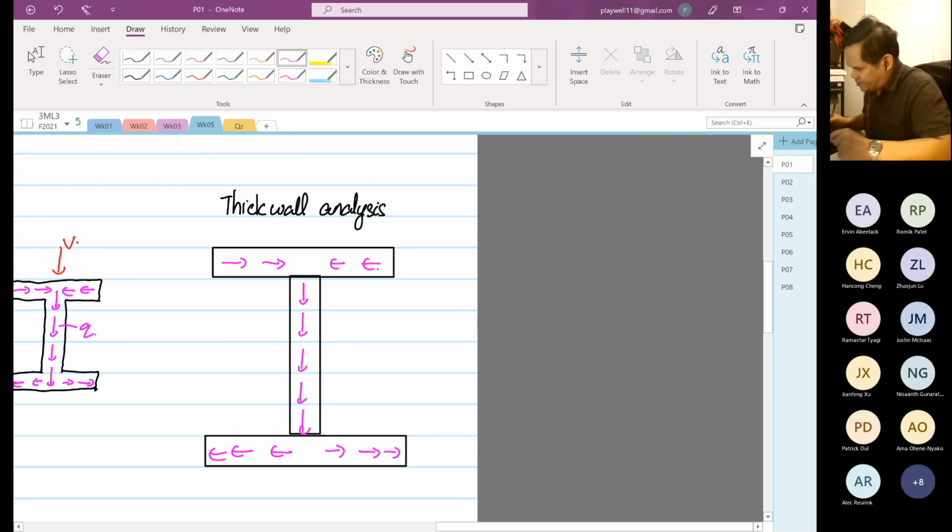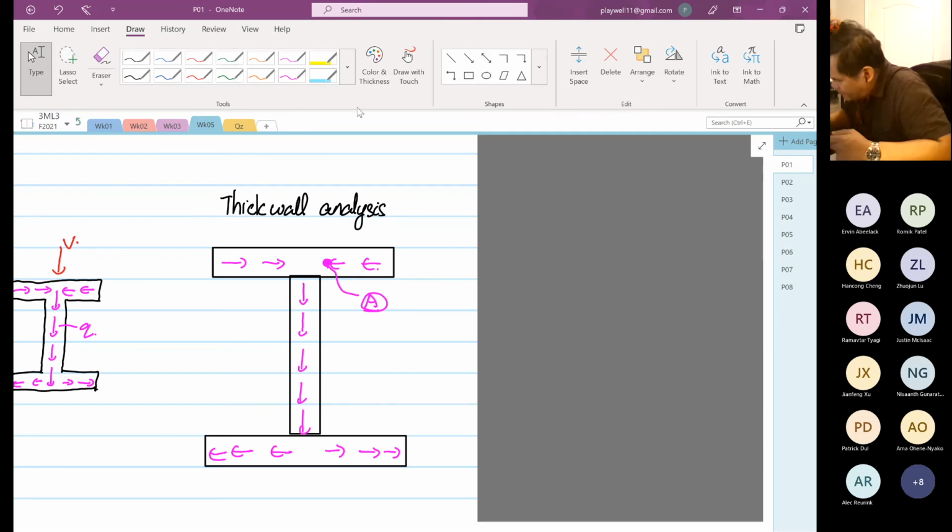So for thick wall analysis, if I want to find, I'm interested in A. What is the shear stress at A? So the area of concern is this area.